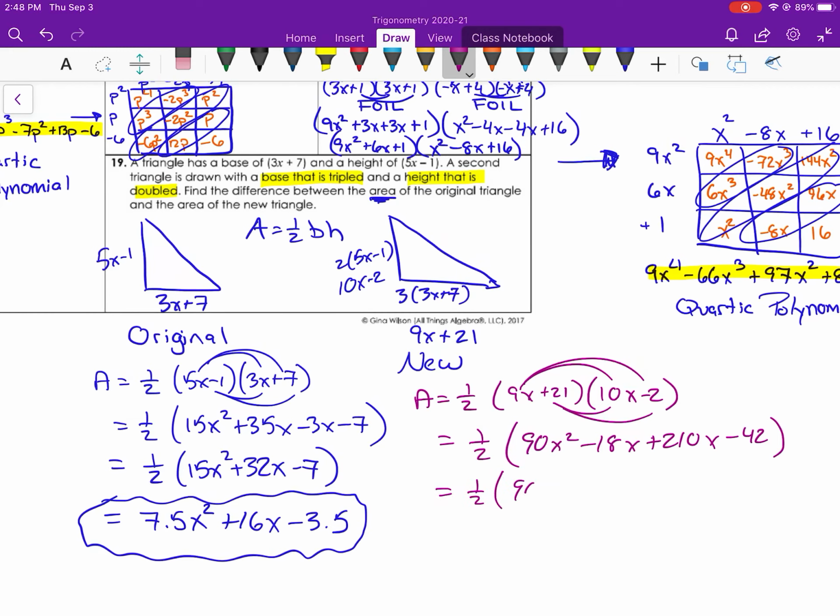Combine like terms. 90x squared. 210 minus 18, take 10 off of it, comes to 200, so it's 200 minus 8, which is positive 192x minus 42. Half of this is 45x squared. Half of 192 is 96x minus 21.